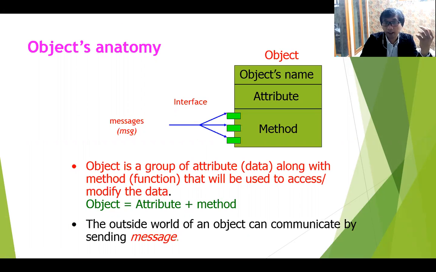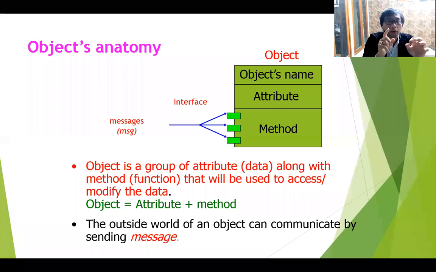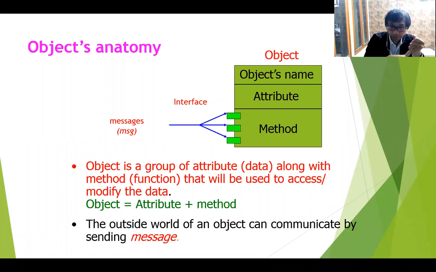So we can simplify this understanding by saying that an object consists only of attributes and methods. And the way objects communicate with the outside is by sending messages to each other.